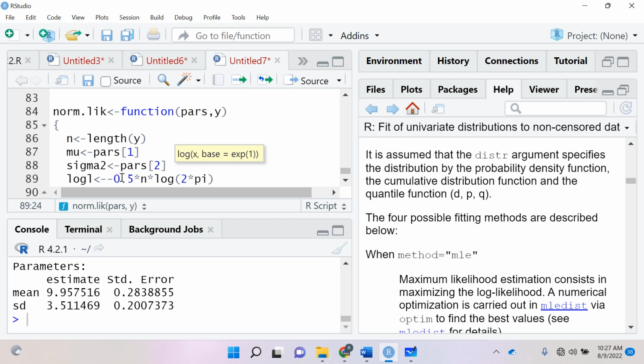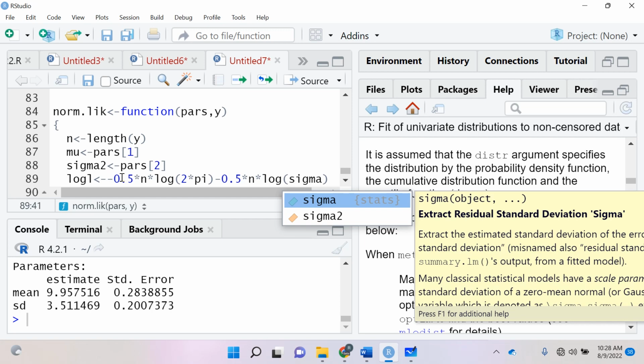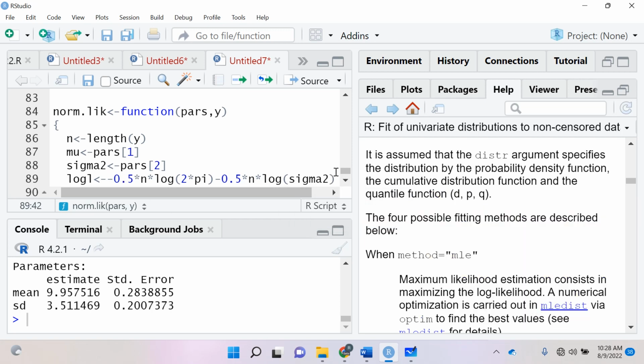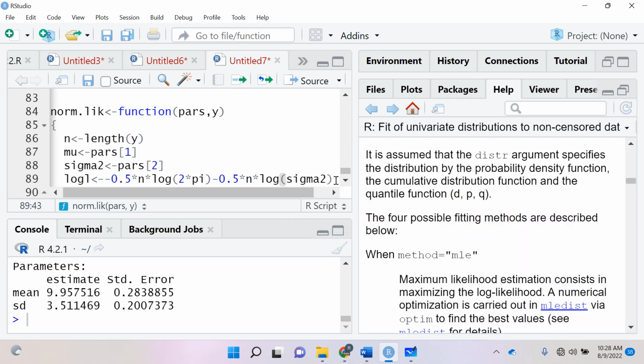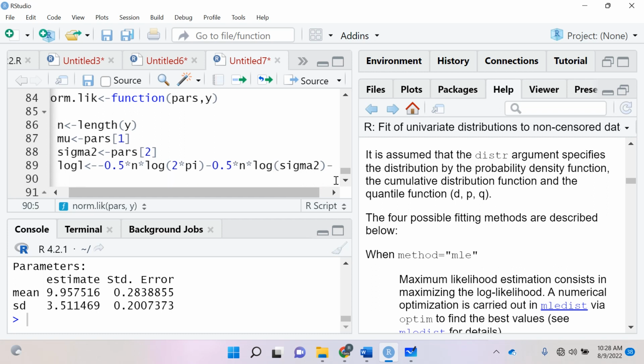R knows what pi is. Then minus 0.5 times n times log sigma 2, minus, so minus into bracket.